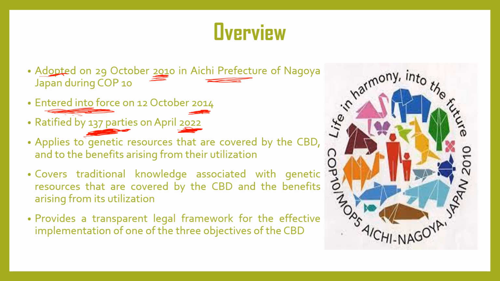But unfortunately, this treaty was not signed by many powers like the USA, Canada, and Russia. So we see that the major, economically important countries have not actually signed the Nagoya Protocol.